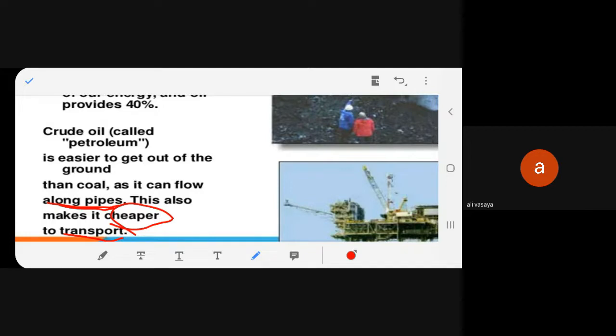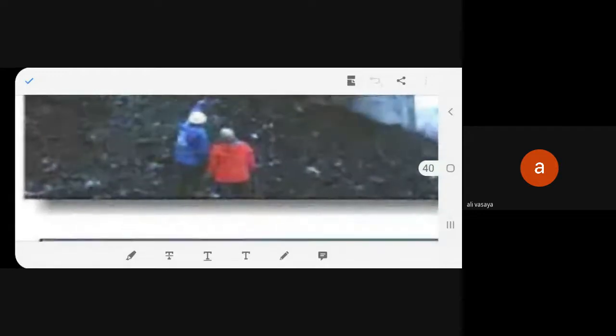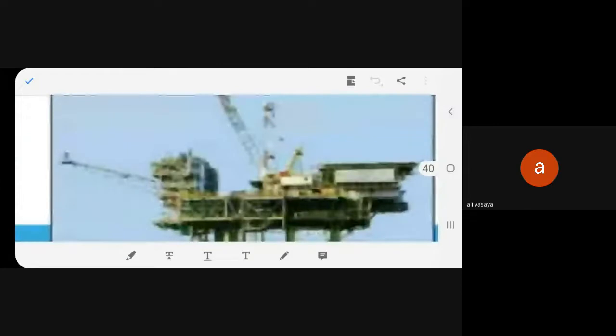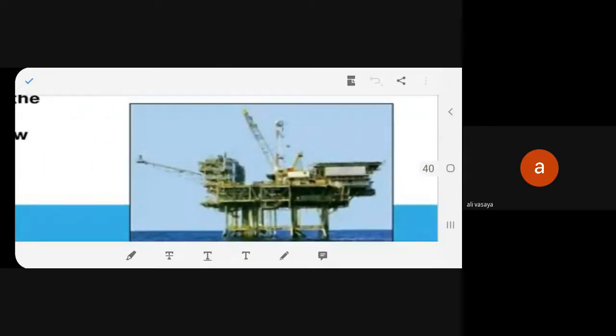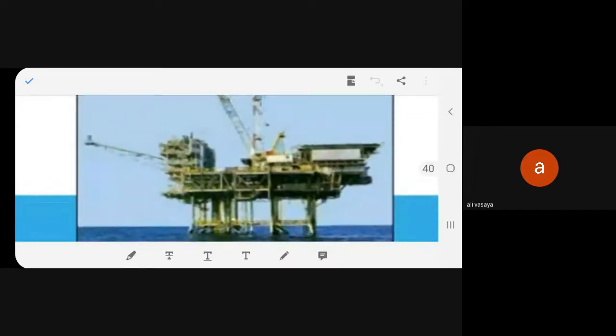It has to be taken in transport. This is coal. This is your petroleum from the sea, Bombay High.